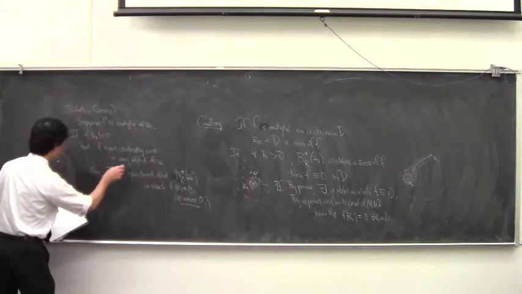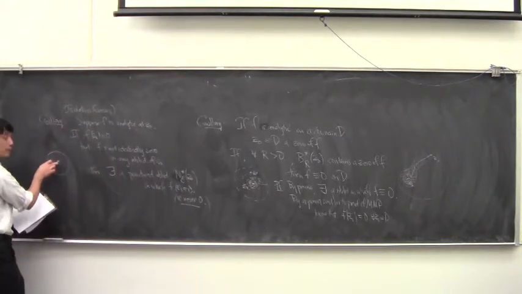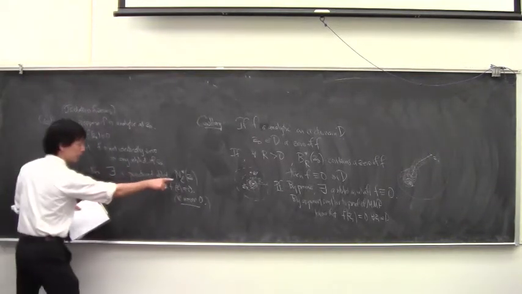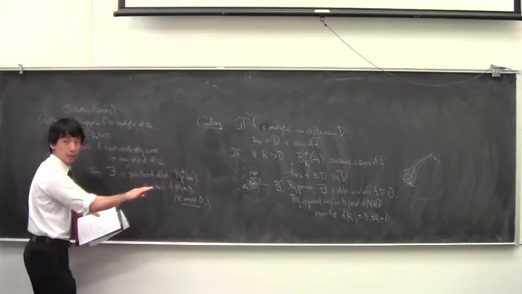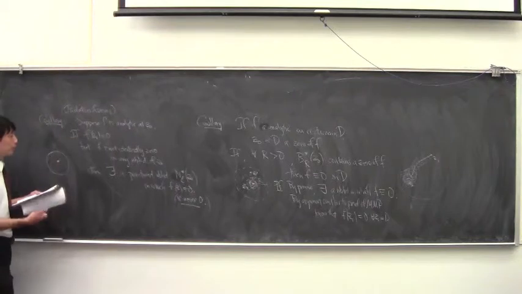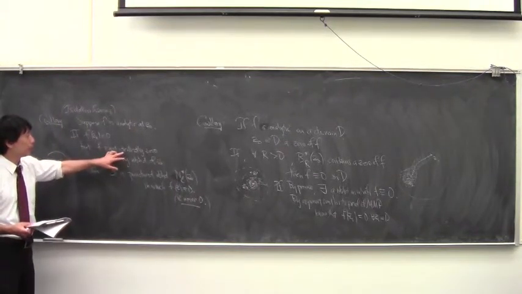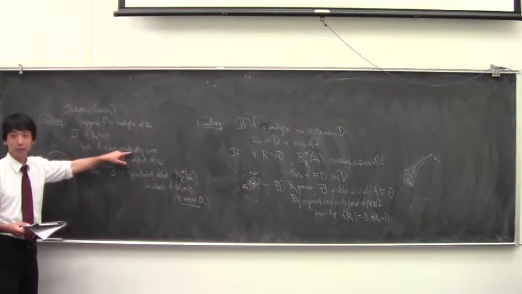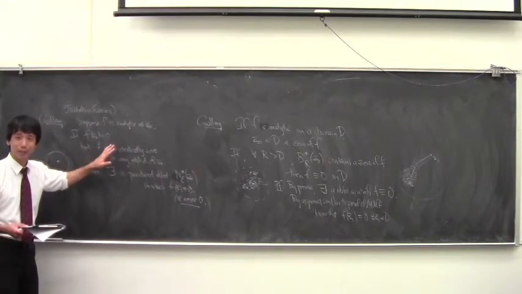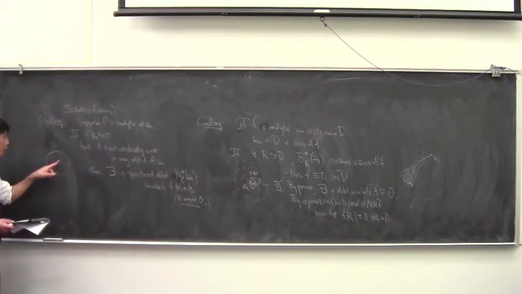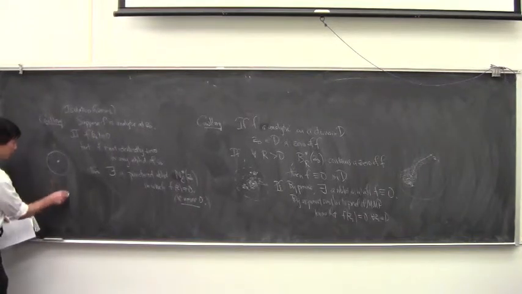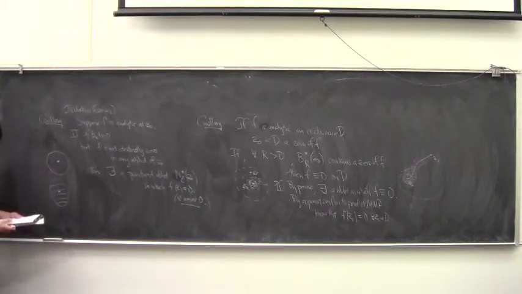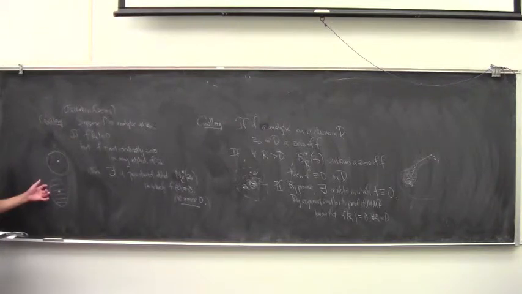Either there's a neighborhood in which that's the only 0, a punctured neighborhood in which the function is never equal to 0, or there's some neighborhood in which the function is always equal to 0. So either your zeros are isolated zeros, or they occur with a whole neighborhood of zeros.